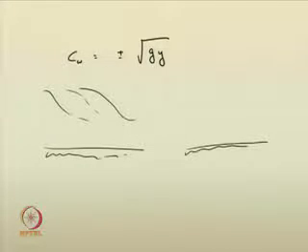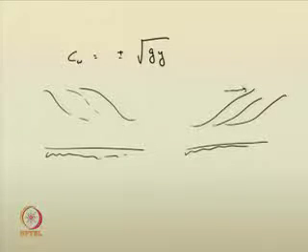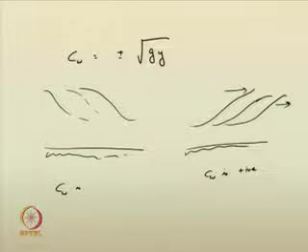If you have a negative wave propagating downstream like this, then Cw is positive, and here Cw is negative. That you need to always remember.